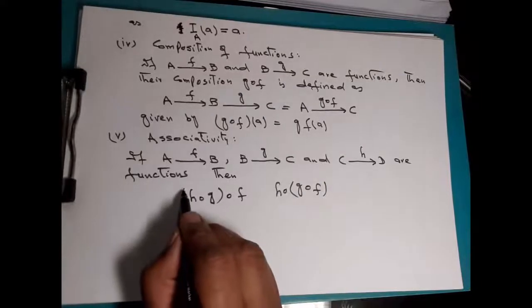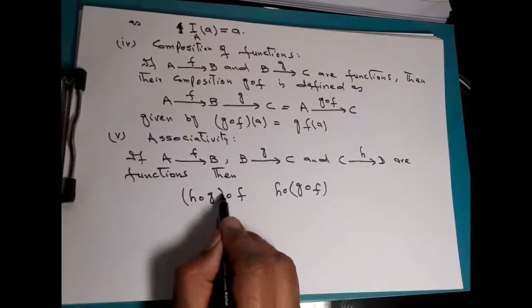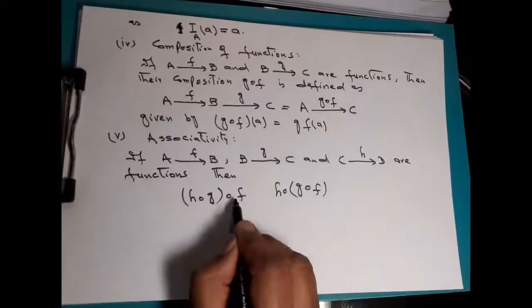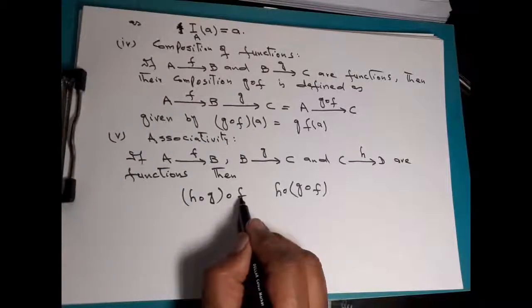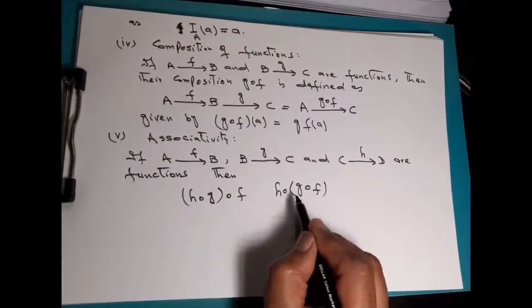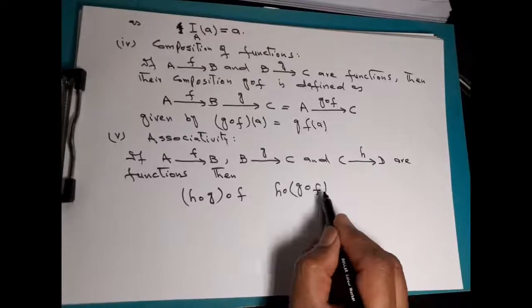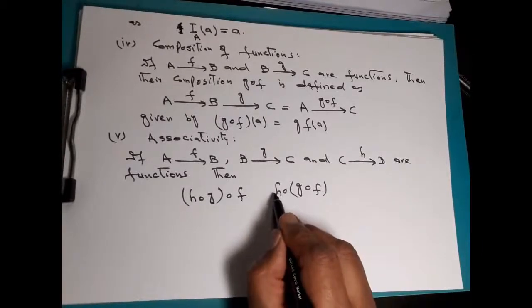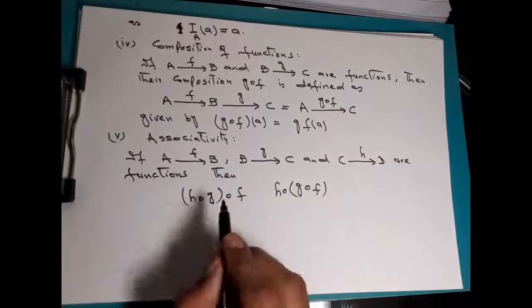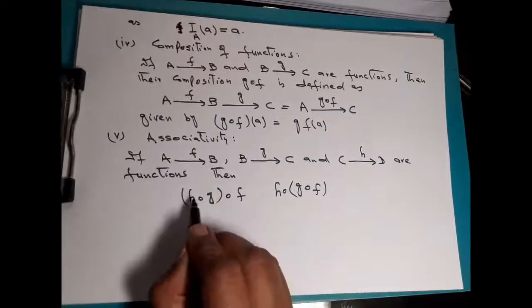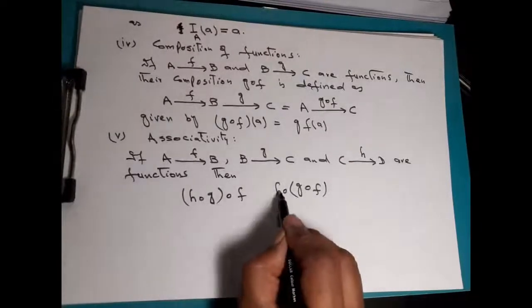Here we have brackets around h circle g, and f is outside the bracket. In this case we have brackets around g circle f and h is outside the bracket. And note that order is same: h g f, h g f.